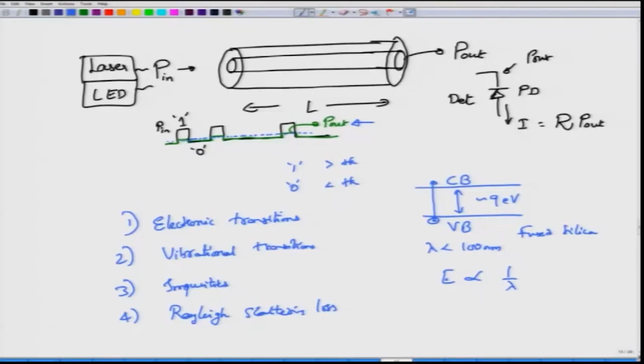as you go to the infrared regime, the value of lambda starts increasing, and since energy is inversely proportional to lambda, at infrared wavelengths, which is say near infrared wavelengths around 1 micrometer, the electronic transitions are rarely going to happen. It is not that they will not happen.